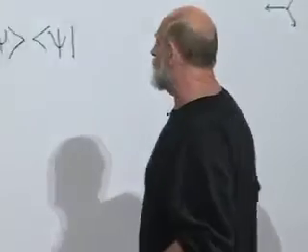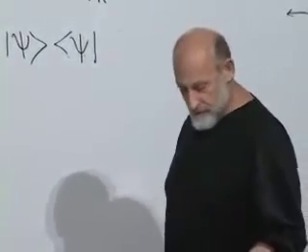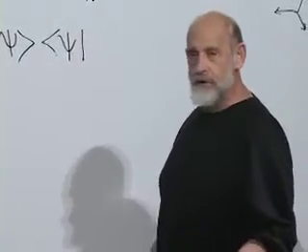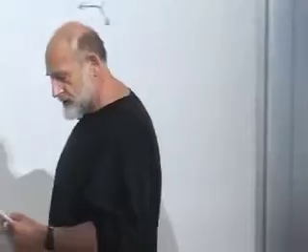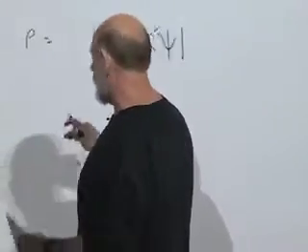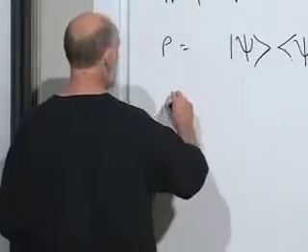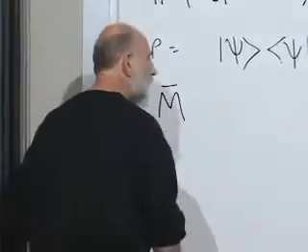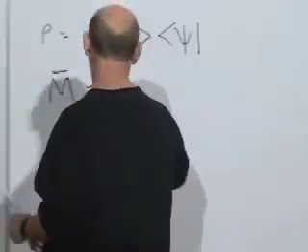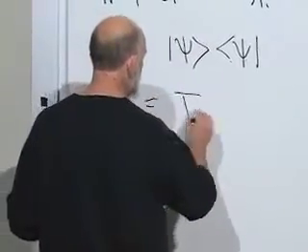Now, whether or not the state is pure or mixed, the rule for average values, they're usually called, even in this case, expectation values. I didn't want to confuse the notation, so I just indicated an average value. Let's say the average value of the observable M, which I'll indicate by putting a bar over the top, is just the trace of the density matrix times M. I'll remind you in a moment what the trace is.